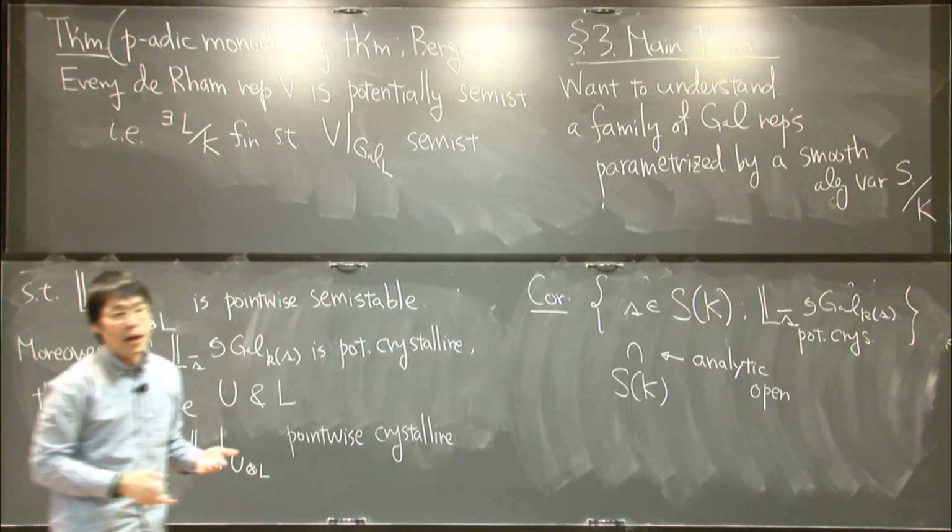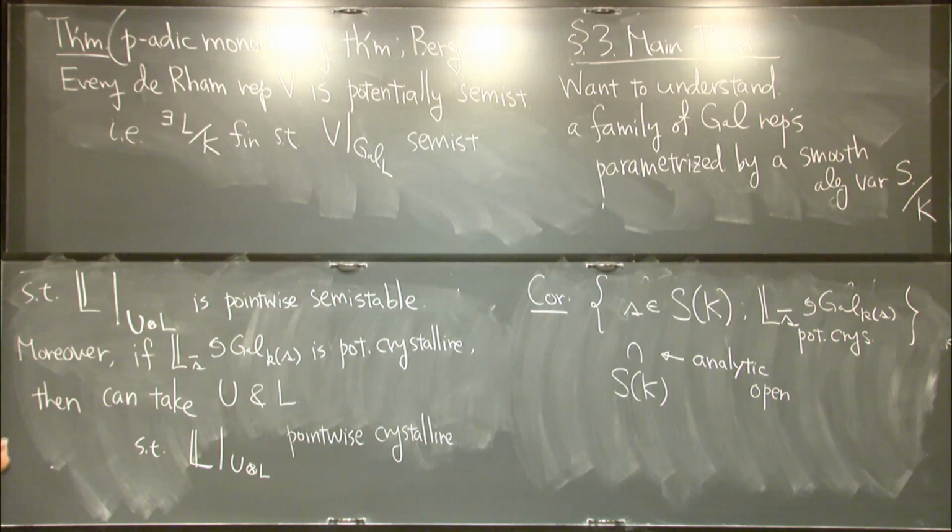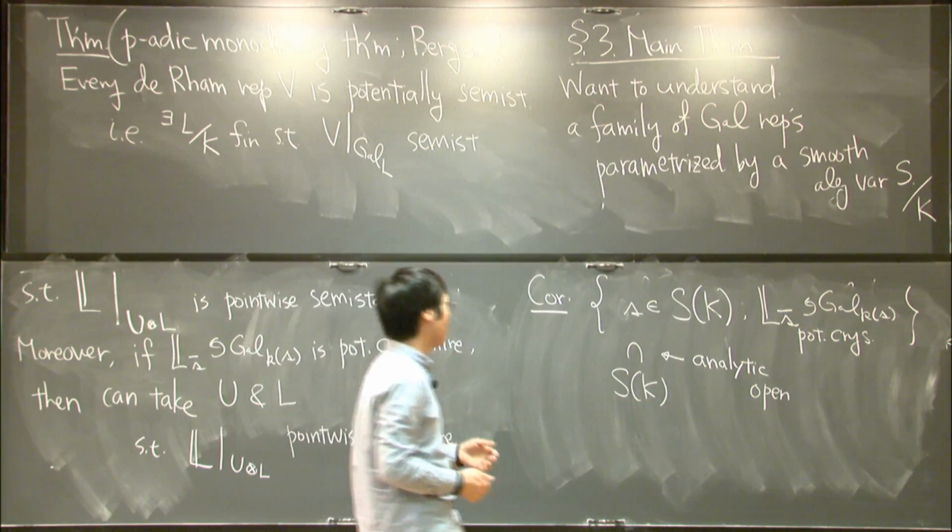So essentially, if L is coming from the p-adic Tate module of a relative elliptic curve, then this generalizes the consequence I mentioned in the motivation section.